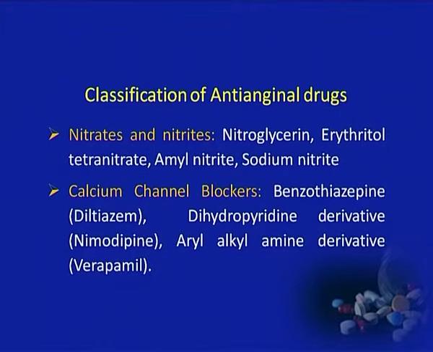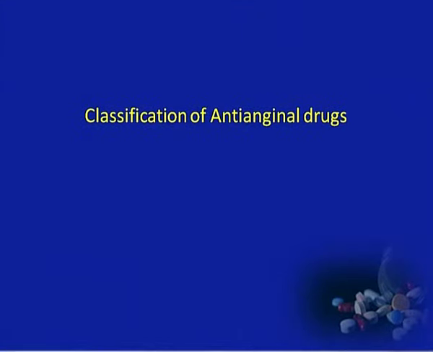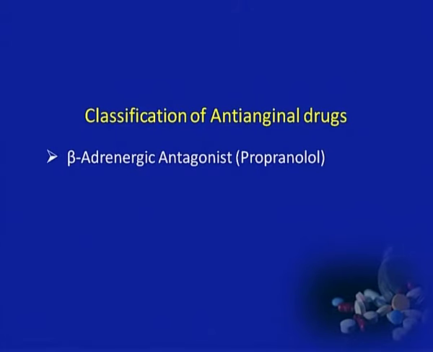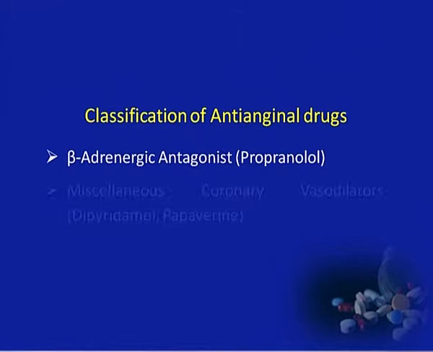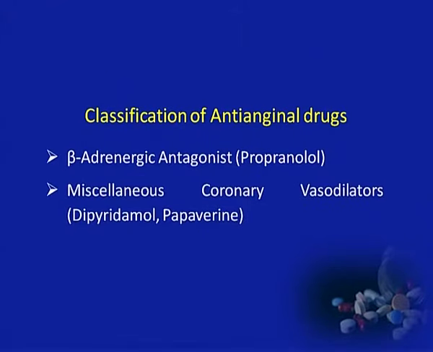Second category is calcium channel blockers: benzothiazepine, whose example is diltiazem; dihydropyridine derivatives, example nimodipine; and aryl alkyl amine derivatives, example verapamil. Next category is beta adrenergic antagonists, the example is propranolol, and miscellaneous coronary vasodilators, the examples are dipyridamole and papaverine.